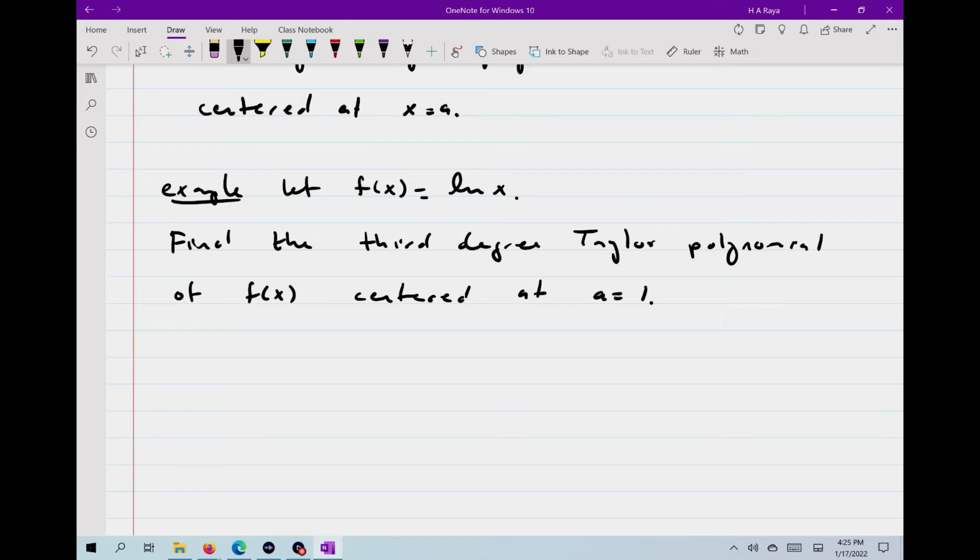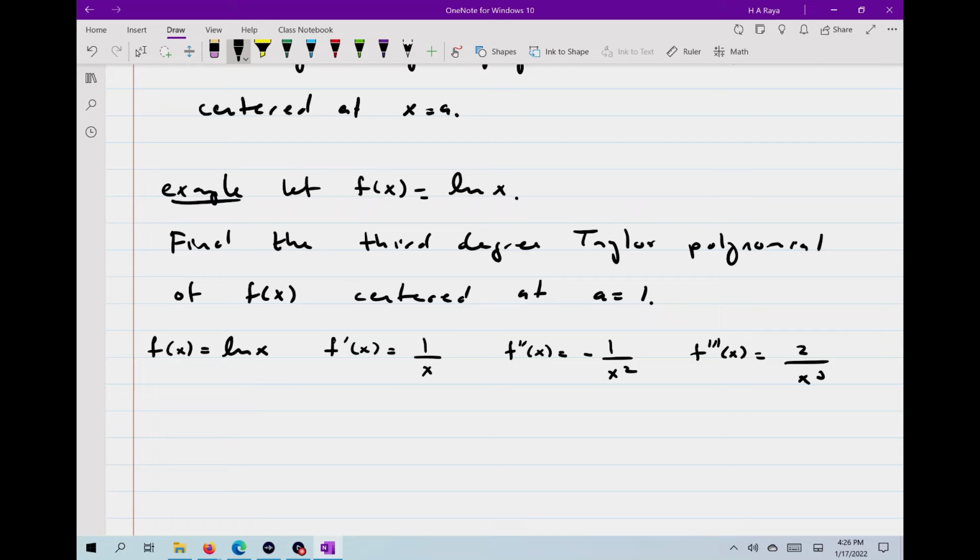So I'll start taking derivatives of my function. Here's f of x equal to natural log of x. Its first derivative is simply 1 over x, its second derivative is negative 1 over x squared, and its third derivative is 2 over x to the third power.